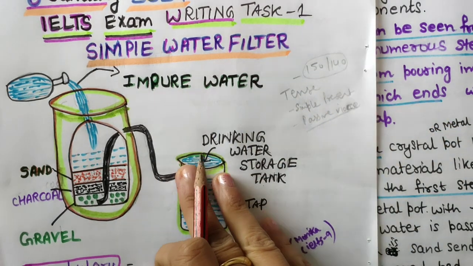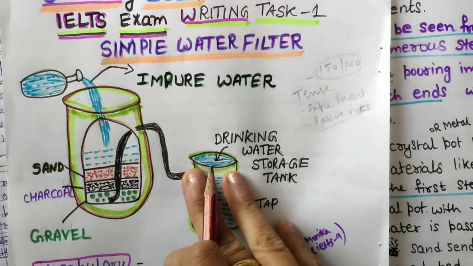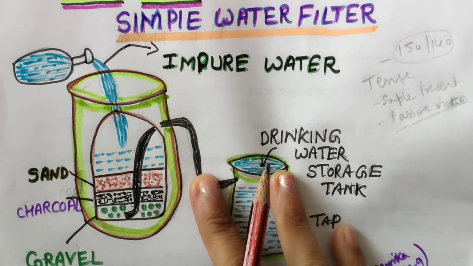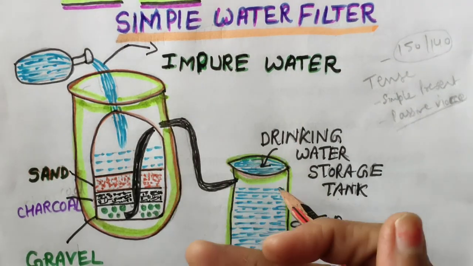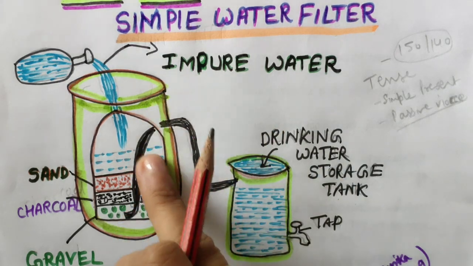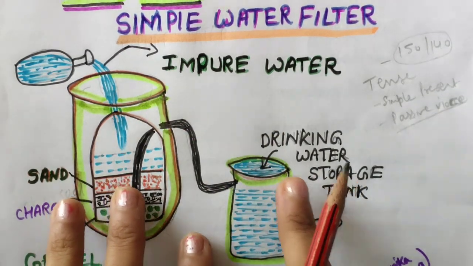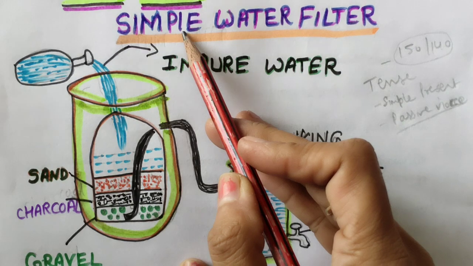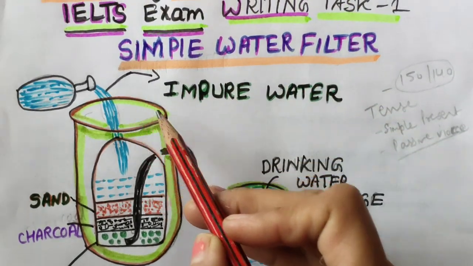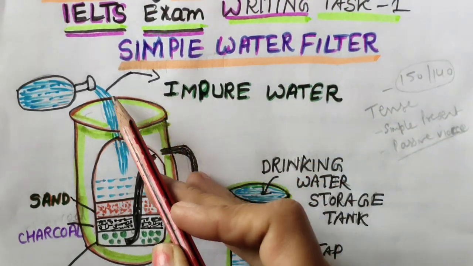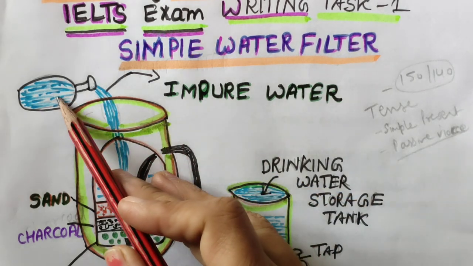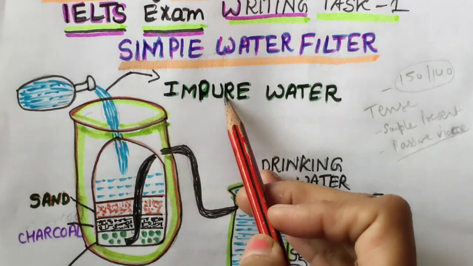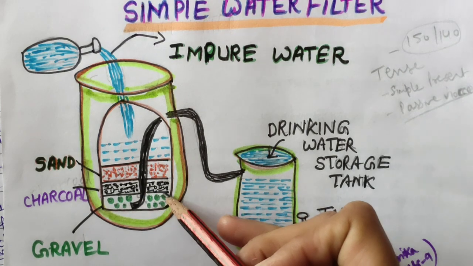Okay, I have got this question statement here. Suppose this is my question in my exam, what will I be doing? Of course, I will look at the diagram. The name of the diagram is simple water filter. Here the arrow is impure water. From this bottle, the impure water is pouring into this container.